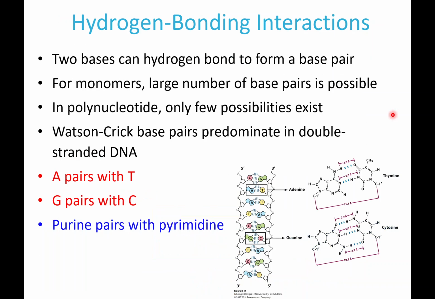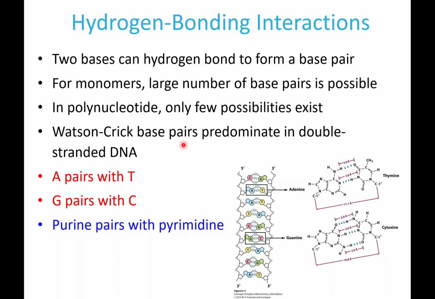Okay. So the interactions between the two strands of the double helix involve hydrogen bonding. Two bases can hydrogen bond to form a base pair. For monomers, a large number of base pairs is possible, but in polynucleotides, only a few possibilities exist.